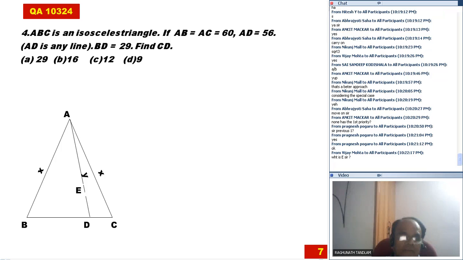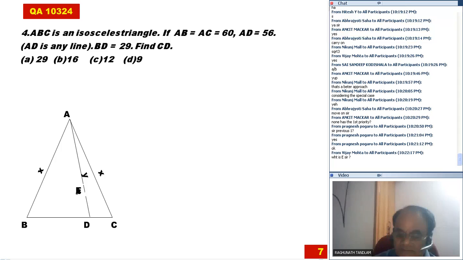He has nothing to do with that. The drawing is by me. The question did not give any drawing. The drawing is made by me to explain. The question says like this: ABC is an isosceles triangle. If AB equals AC equals 60, AD is 56, AD is any line, BD is 29, find CD. Yes, shall we discuss? I think we are getting slow on that. We'll discuss.